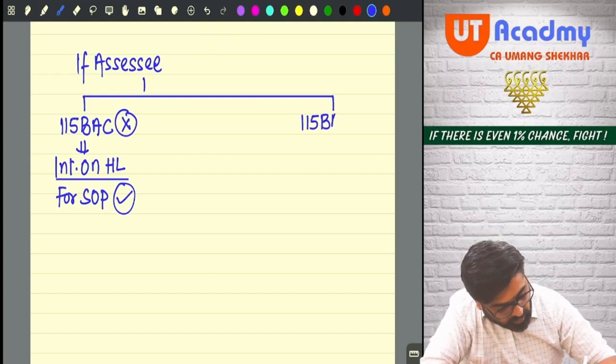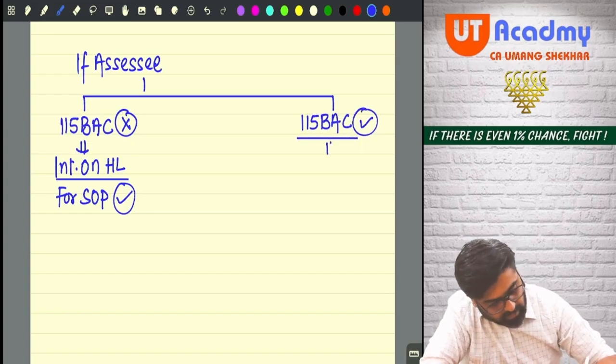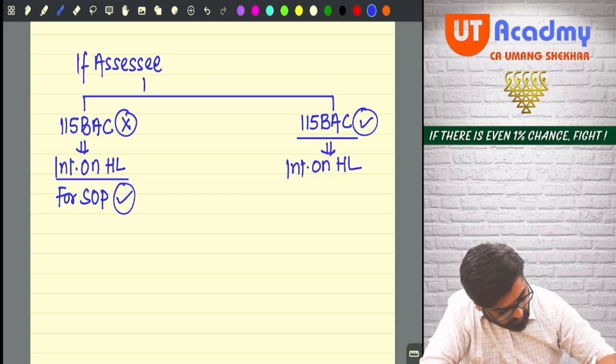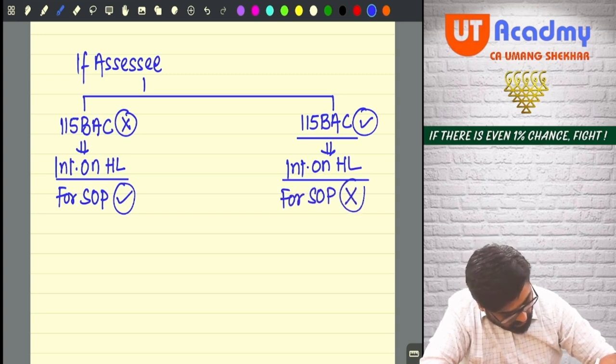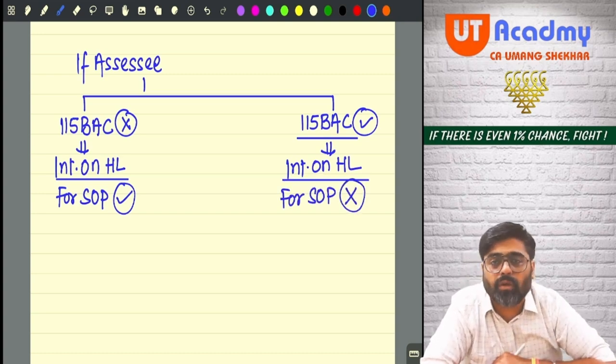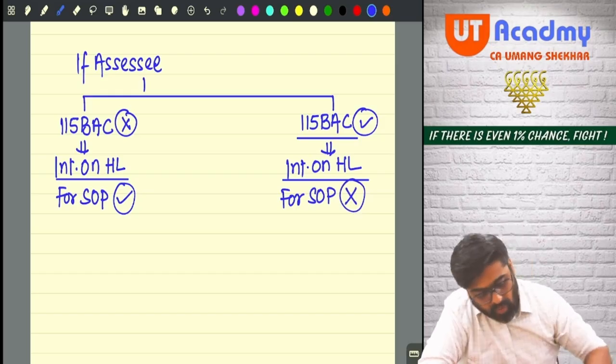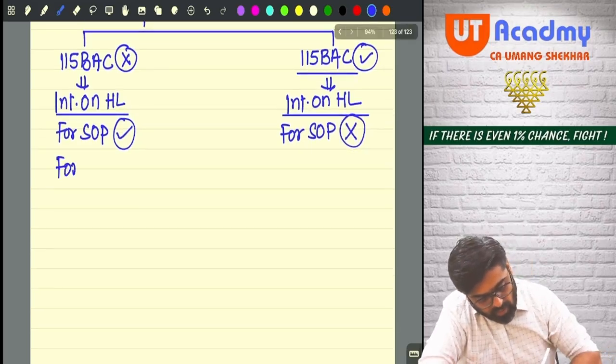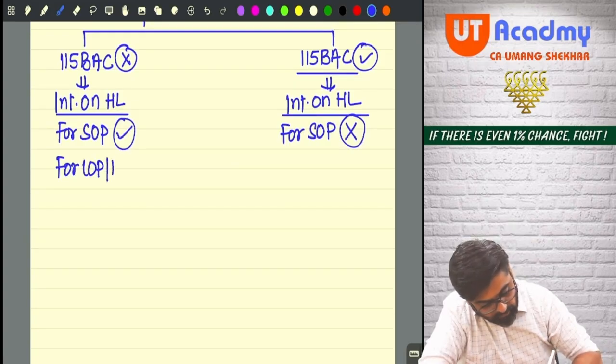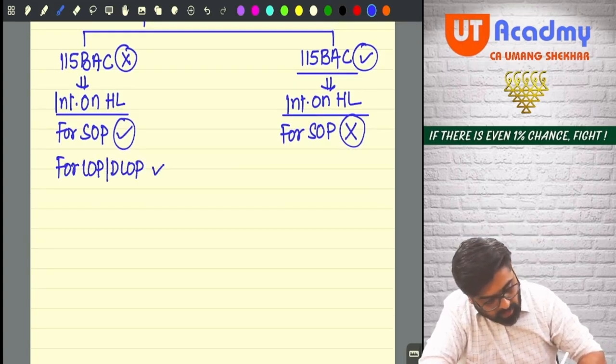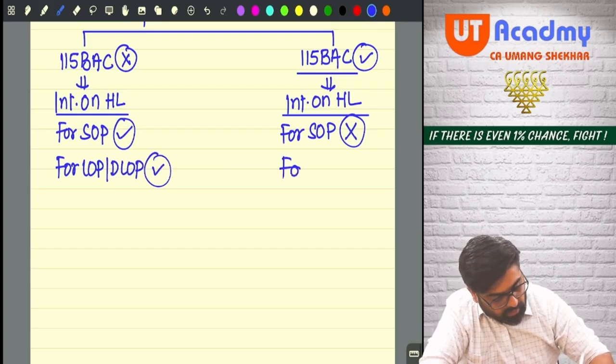But what if he follows 115 BSE? Then in that case, interest on housing loan for SOP will not be allowed. Yes or no? What about LOP and DLOP? For LOP, DLOP, he can claim under both. Getting my point?